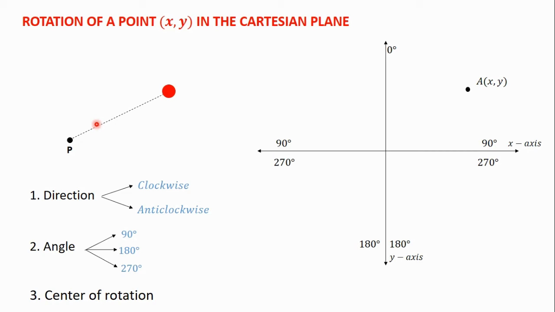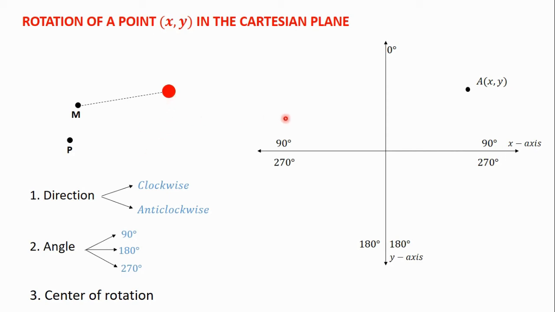Now, what if we have another point here? We are going to call that point M. And instead of rotating the stone about point P, we rotate it about point M. You will see that the final position of the stone or the image of the stone will change.